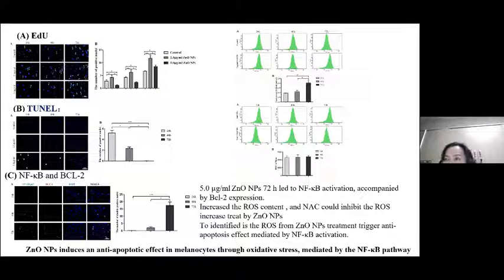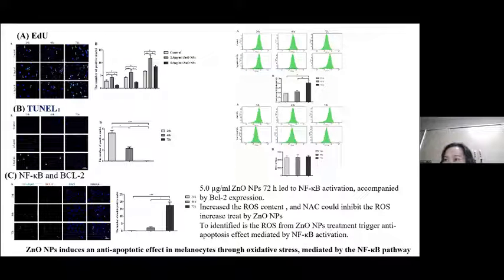So next we check the ROS. We can see in this condition the ROS content was increased, and we use NAC, an inhibitor of ROS. We can see NAC could inhibit the ROS increase induced by zinc oxide nanoparticles.